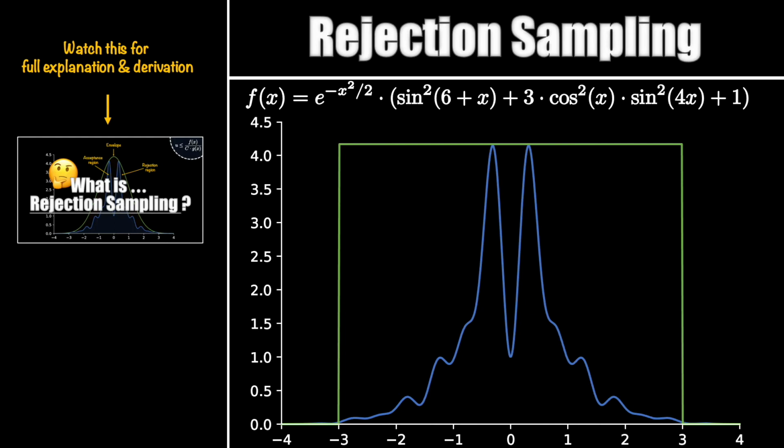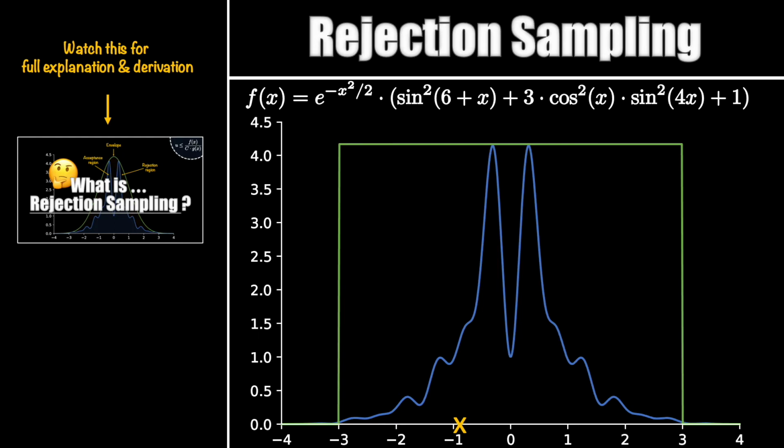Now, next thing we do is that we sample from this proposal function. And this sample should fall between -3 and 3, including both of the numbers as well. So let's say that we did that and we got a sample indicated using orange X in the plot right now.